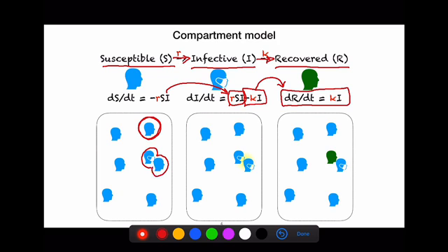So when they are together, when they make contact, then the virus will be transferred. So you have to think about the chance of components from these 2 compartments meeting each other. That will be proportional to, once again, the ratio of susceptible multiplied by the ratio of infected. So we have all those arguments.